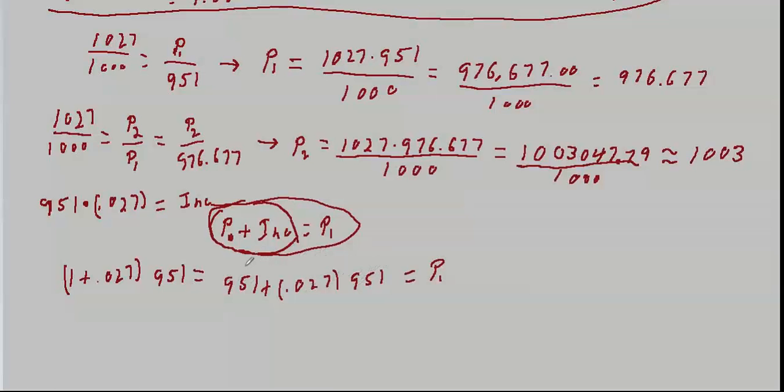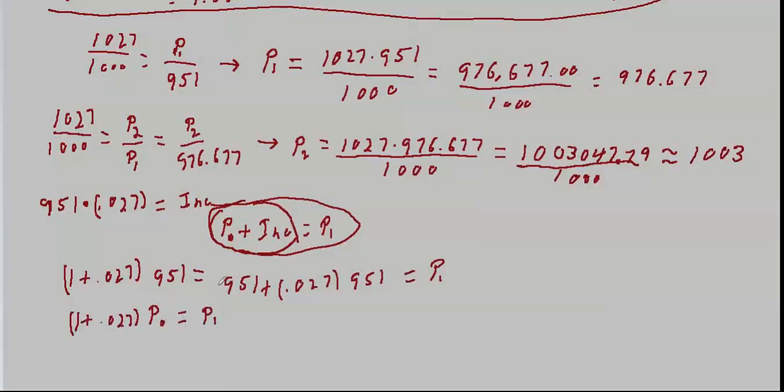Suppose I write this in general terms, at least for this part here. What do I get? Well, we started with 1 plus 0.027 times, I'm just going to call that P0. Okay? Now that equals P1.